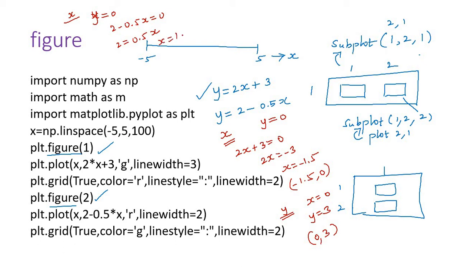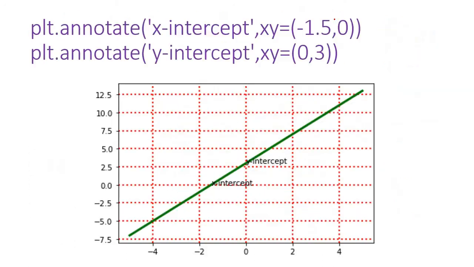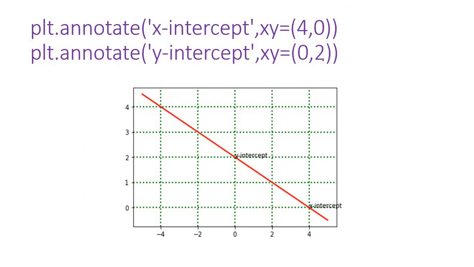So x is equal to 4. So 4 comma 0, that is the x intercept. Y intercept. Okay, when I substitute x is equal to 0, so y equal to 2. So 0 comma 2 is the y intercept. Okay, let me verify. 4 comma 0, 0 comma 2.